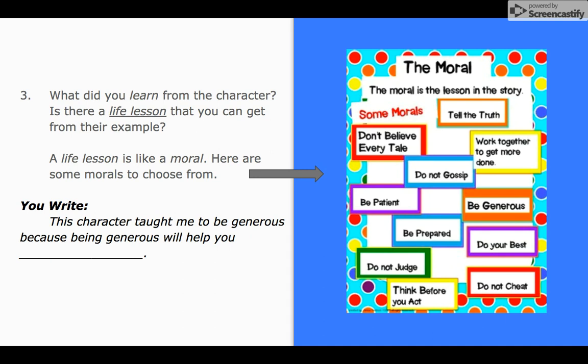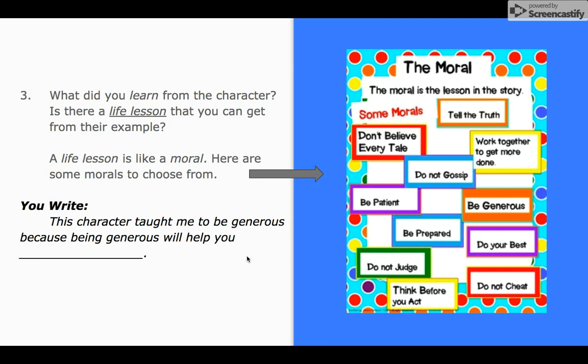If you're nice to someone, they'll be nice to you. If you make someone dinner one night because they had a busy day or they hurt themselves and couldn't get up, then when you need it, they're going to make you dinner, right? Stuff like that. That's what you would write as your response.